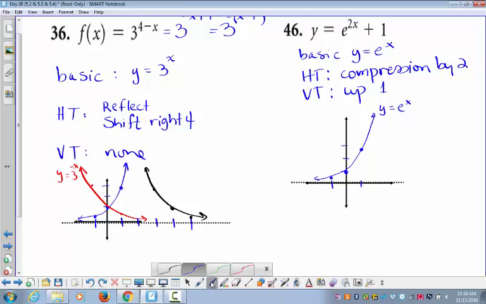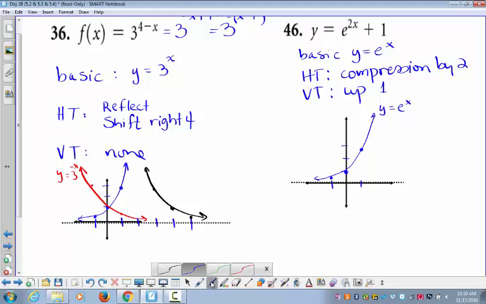When you're doing a vertical stretch, everyone's pretty good at that. Most of you nailed those ones on the test. You multiply the y values by your stretch factor or your compression factor. When you're doing it horizontally, it's a little different. I've said that almost always a horizontal compression is the same as a vertical stretch.